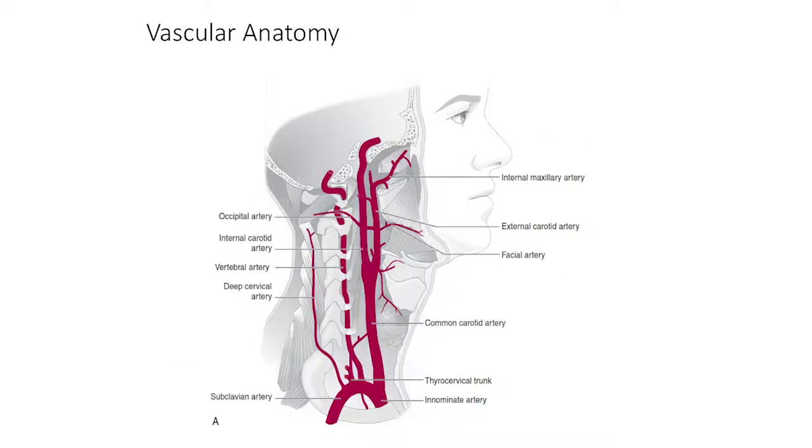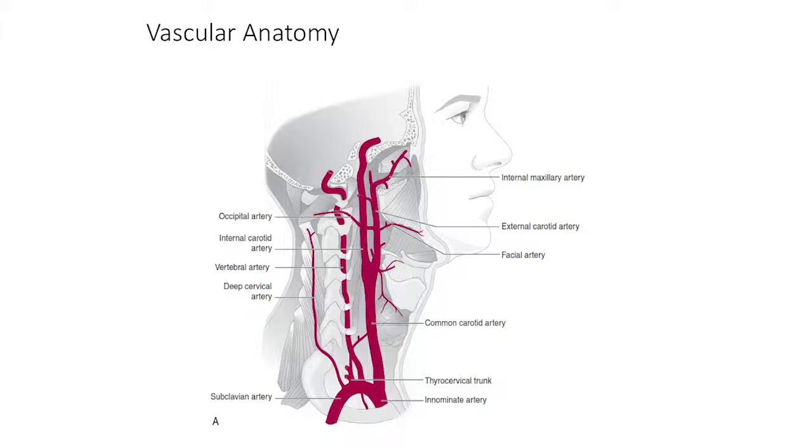So the vascular anatomy, as you know from anatomy: the origin of the common carotid artery from the innominate artery, that's on the right. Then it splits into the internal carotid and the external carotid, and the internal carotid is what gives the blood supply to the brain, together with the vertebral artery, as you shall see in the circle of Willis.